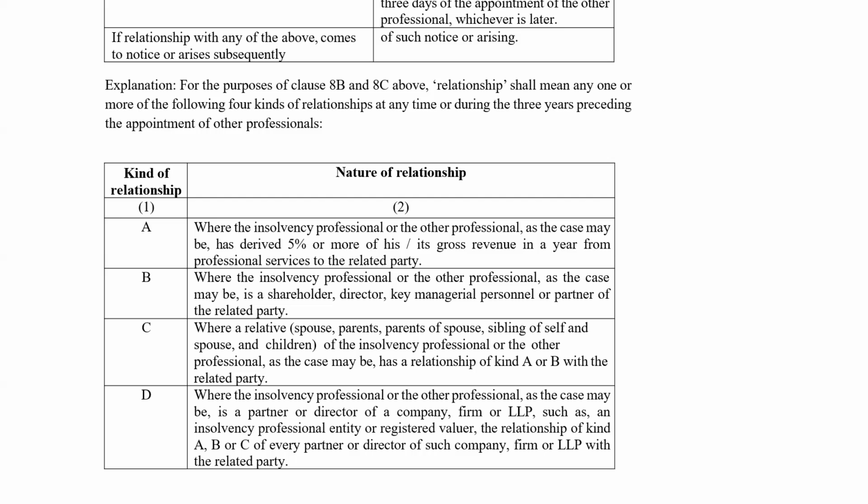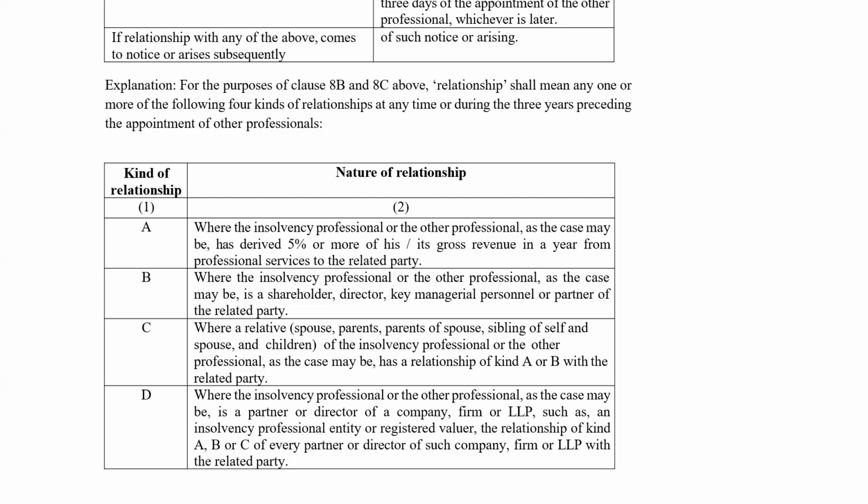मतलब ये है कि योर स्पाउस इज रनिंग ए कंसल्टिंग फर्म. ठीक है. उस कंसल्टिंग फर्म का 5% और मोर ऑफ टर्नओवर इज कमिंग फ्रॉम अ सीडी. सो देन यू हैव टू डिस्क्लोज दैट रिलेशनशिप. ये मतलब है. ठीक है. स्पाउस का, पेरेंट्स ऑफ स्पाउस, सिबलिंग ऑफ सेल्फ एंड स्पाउस एंड चिल्ड्रन.